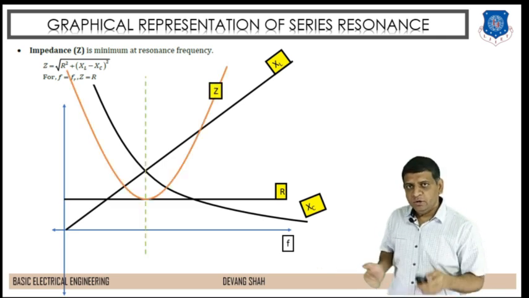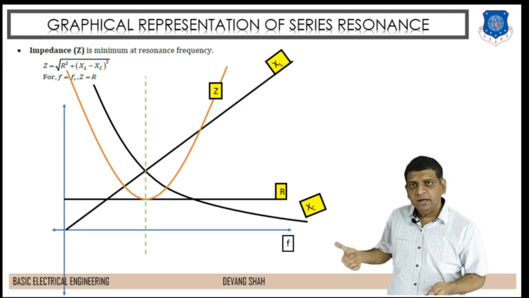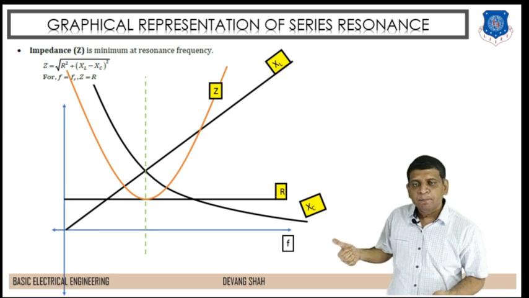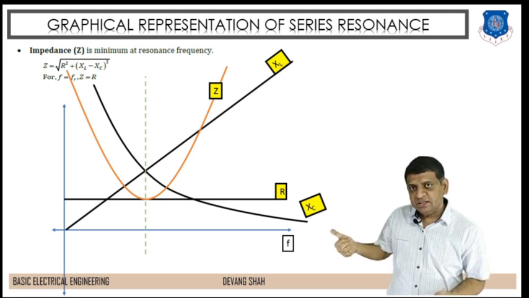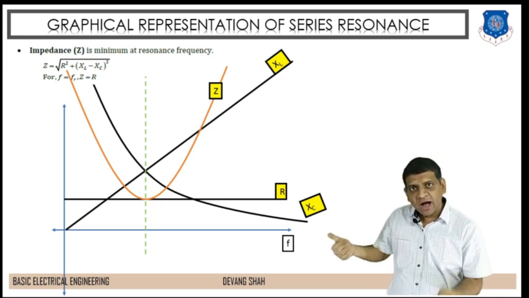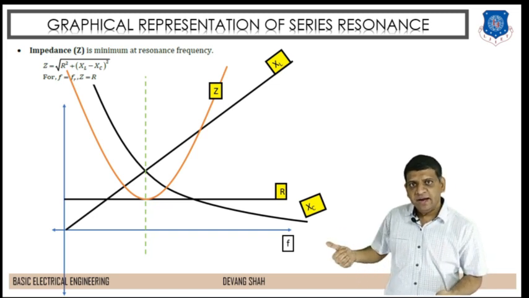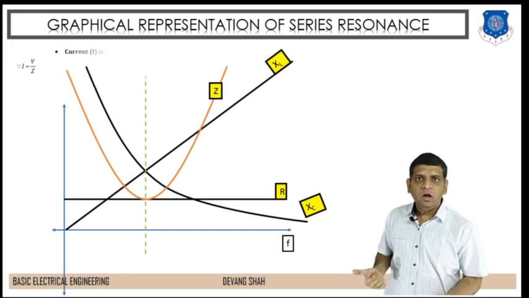You can see here the green dotted line is defined as my resonant frequency line, where it touches the graph of R, and that is defined as my impedance Z. So at fr, at resonant frequency, Z is equal to R, right?